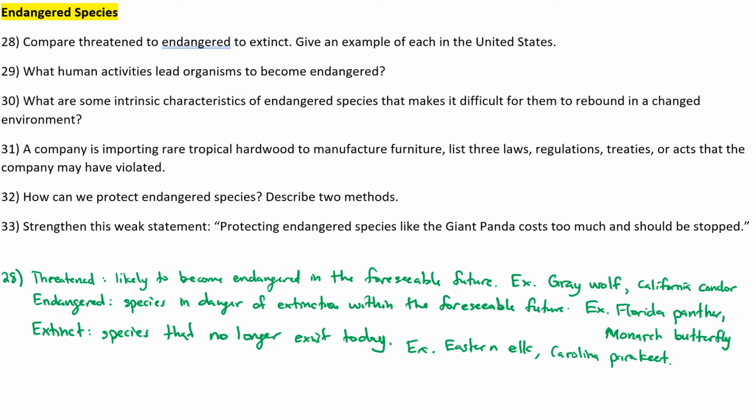Number 29. What human activities lead organisms to become endangered? So let's list them here.